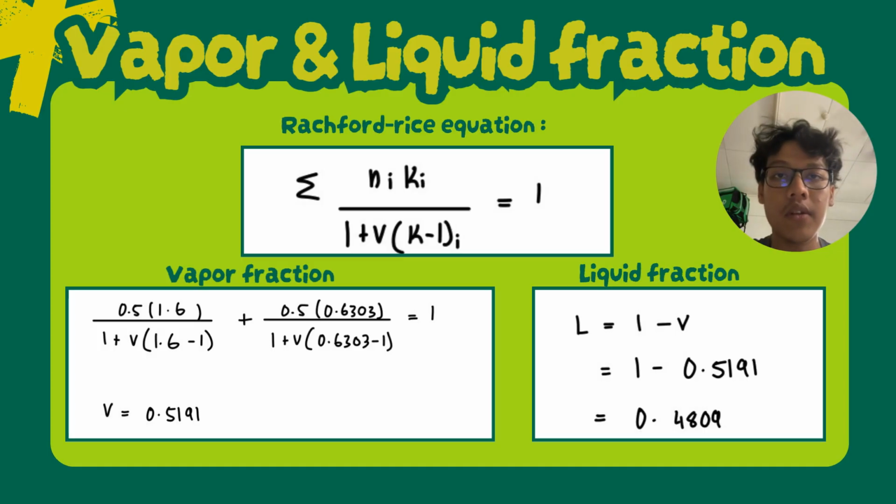By substituting all of the values into the equation, we get the vapor fraction equal to 0.5191, and the liquid fraction equal to 0.4809. The system will tend to vaporize rather than condense since the vapor fraction is larger than the liquid fraction.